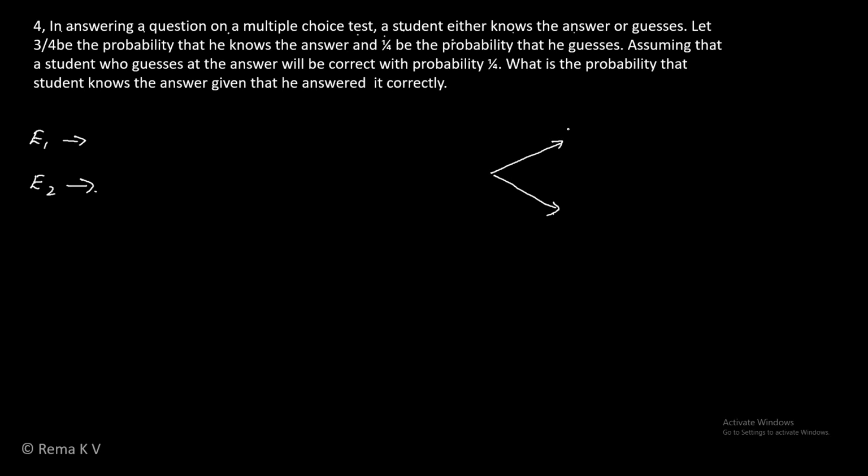So we can write E1 as knows the answer and the second one is he guesses the answer. So E1: student knows the answer, and E2: student guesses the answer.